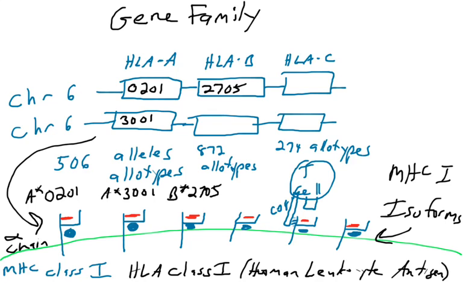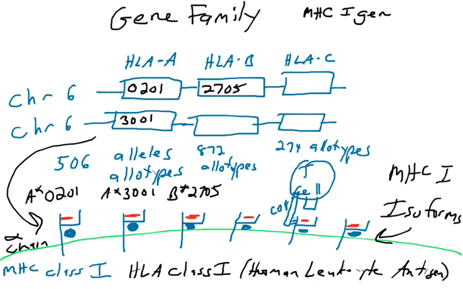So of those 6 MHC class 1 molecules I drew in the cell, each one of them is made from a different copy of this gene, the A or the B or the C from the maternal, or A or B or C from the paternal.